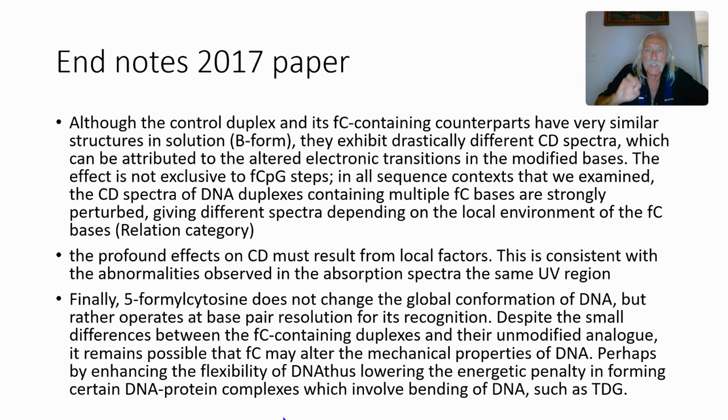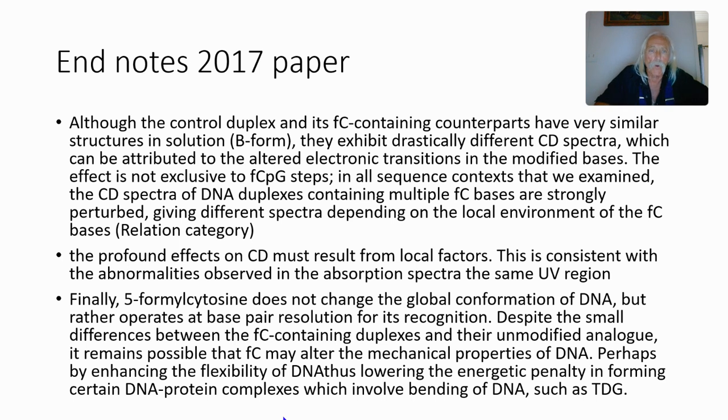Because in all sequence contexts that they examined, the circular dichroism spectra of DNA duplexes containing multiple formylated cytosine bases are strongly altered. That gives different spectra depending on the local environment of the 5-formyl cytosine.